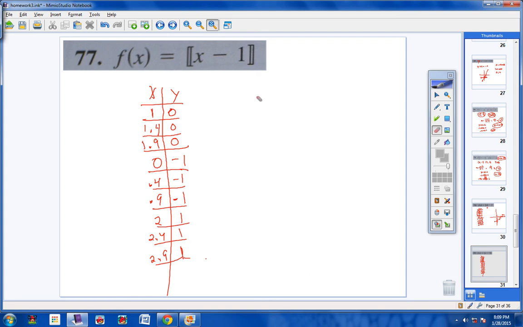Now, first of all, for my graph here, for my x values going from 1 up to 2, it's going to be at 0. So here's 1, 2, 3.